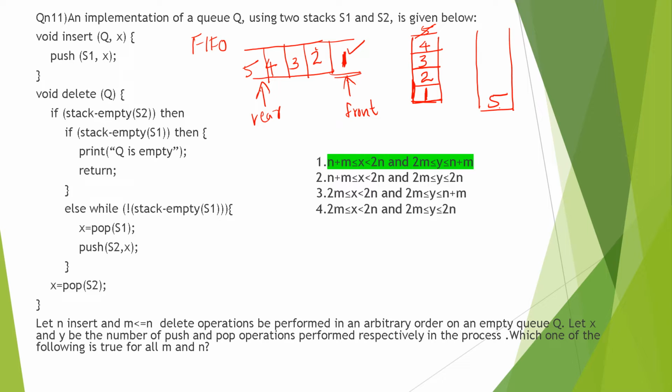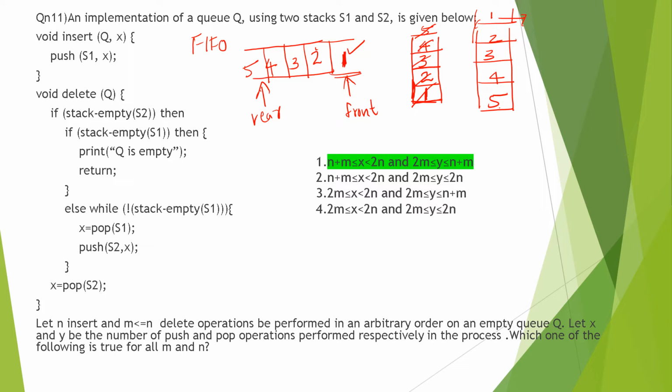Then 4 will be popped and pushed, 3 will be popped and pushed, 2 will be popped and pushed, finally 1 is popped and pushed. Now 1 is at the top of the stack, and now you can pop.